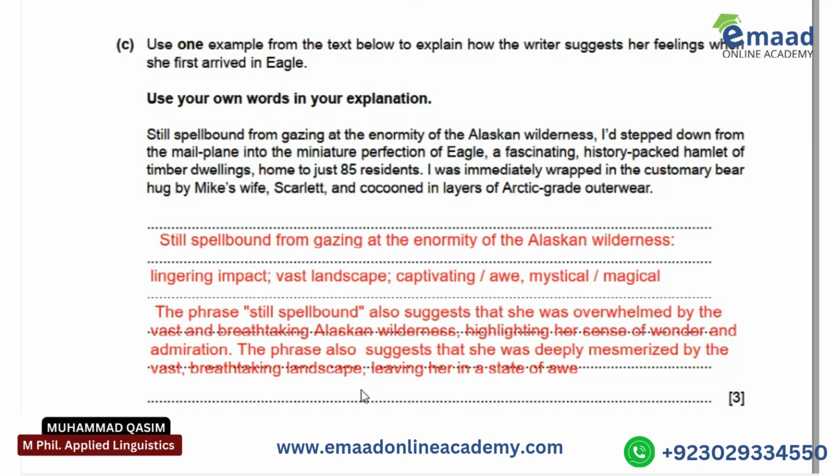Eagle is a small village near there in Alaska. In the story it has been mentioned. When you read the text you will find it. You just need to pick one example and explain it, like how this phrase signifies, or how the writer suggests the feelings of the person.